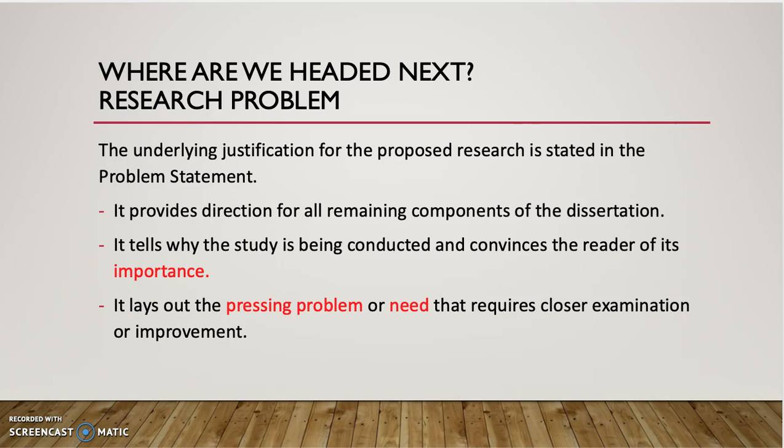It conveys to the reader the importance of this problem, and it's a problem that not only are you identifying, but you're identifying through the literature. The pressing problem and the need speak to the urgency of it, and you should have some seminal authors that situate your study, but those authors should be pretty recent work and not something from a long time ago.